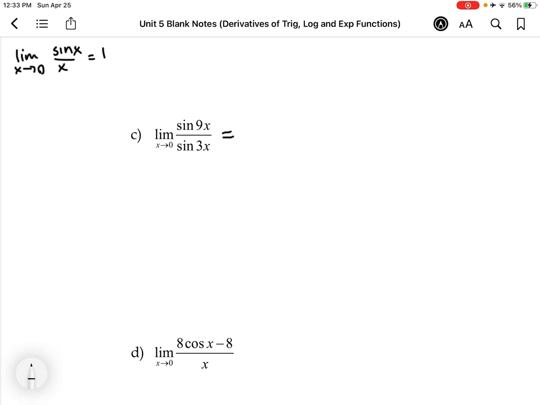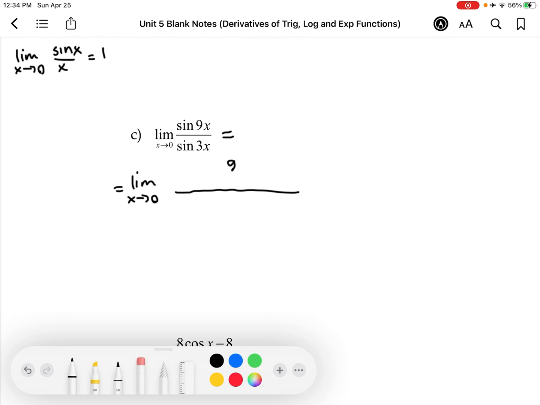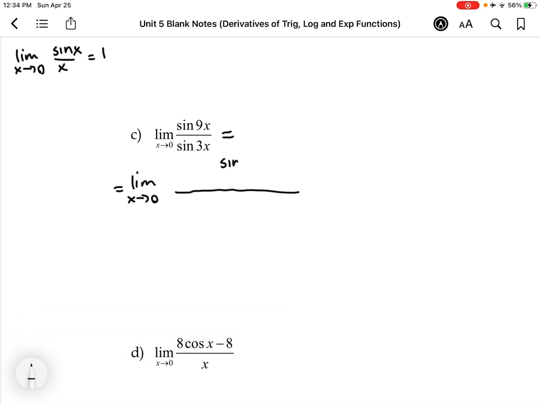So if we want to have that, actually I'll do this down here maybe, right? Let's say in this numerator, we had something that looks like this. Okay, and in the denominator we had that as well.